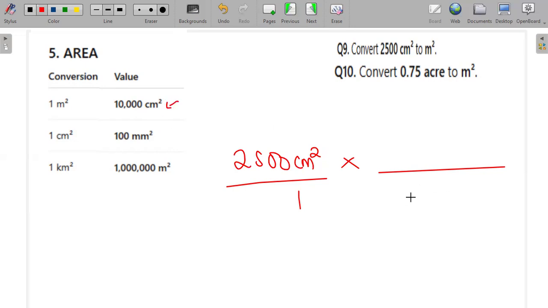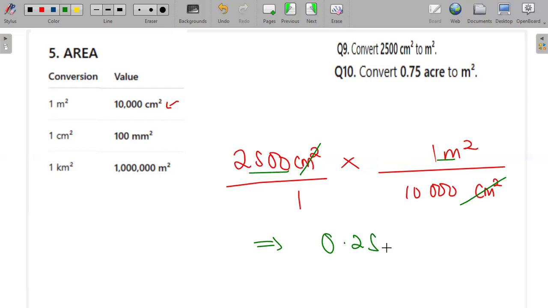So that will be 10,000 squared centimeter, same as 1 meter squared. So this guy and this guy is going to cancel. So I just remain with this, multiplied by this, and then divided by 10,000. So when I do that, what do I get as my answer? According to my calculator, 0.25 meter squared. So that is the answer there.